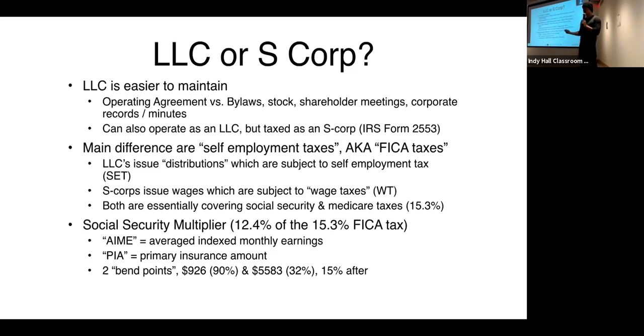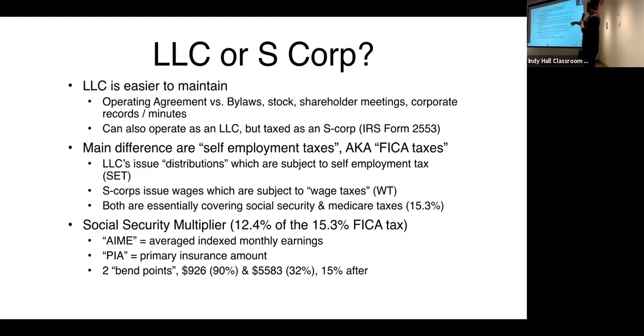That's like a freaking awesome pension. That's like a dollar for dollar match. You only pay 12% on that dollar, but they're going to give you back 90%. That's a pretty sweet deal for Social Security, right?